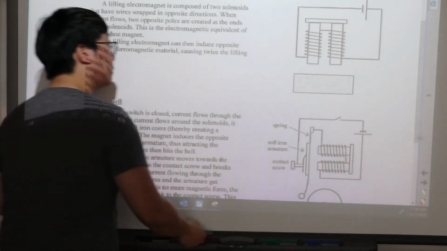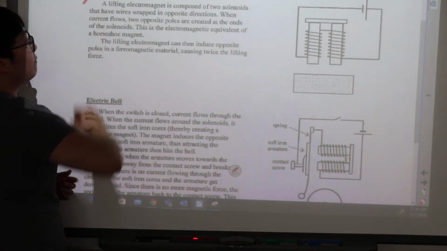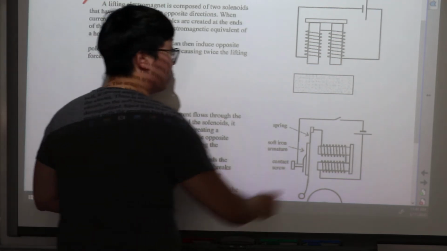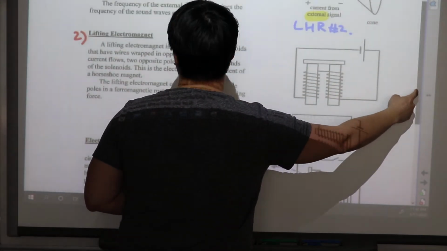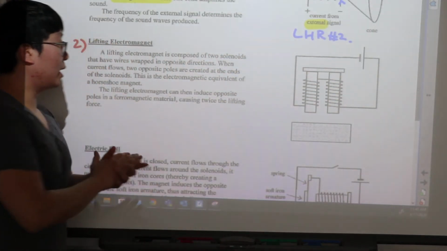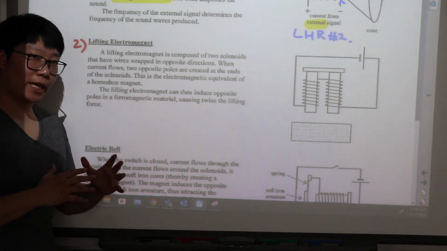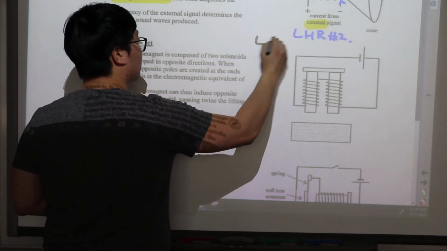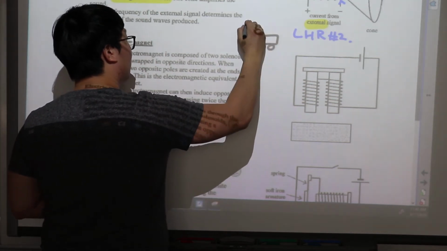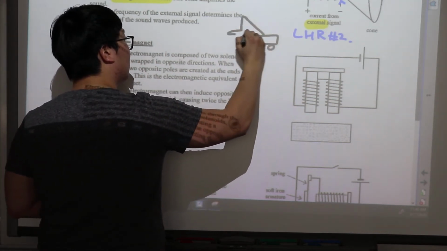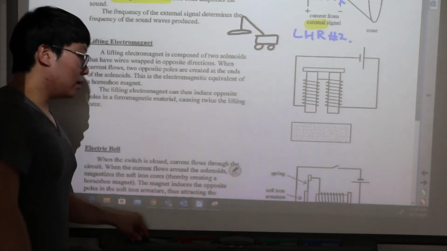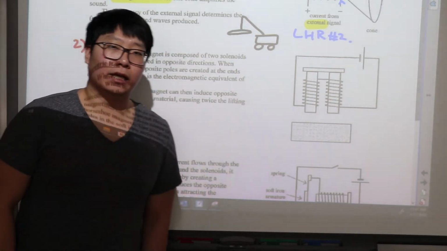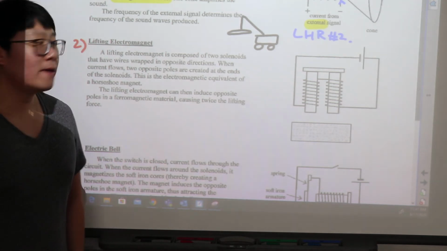Number 2, any type of lifting electromagnets. I believe this is located a little bit high, so I'm going to mention to that level. Number 2, electromagnet. When it comes to this, think about it like a construction site, or technically more of a car recycling field, something like that.